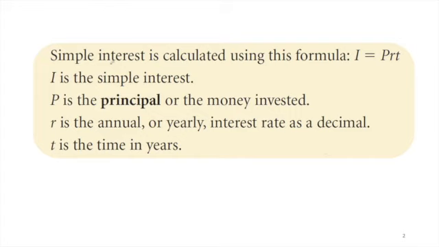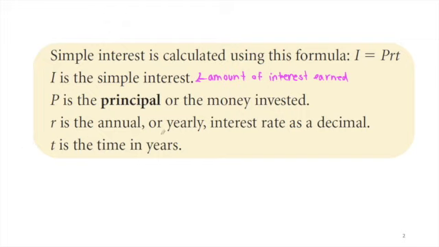Okay, so simple interest is calculated using the formula I equals PRT. I is the simple interest, so the amount of interest you make. P is the principal or amount of money invested. So if you have $1,000, it'd be like the $1,000 you put into a savings account.